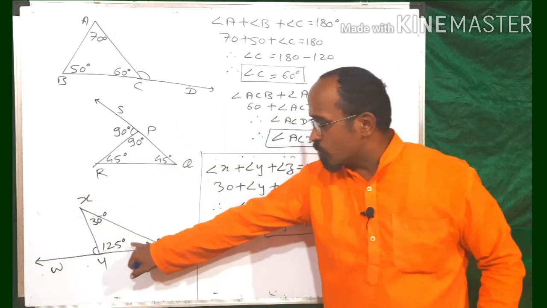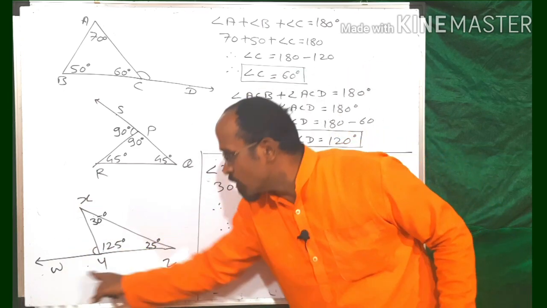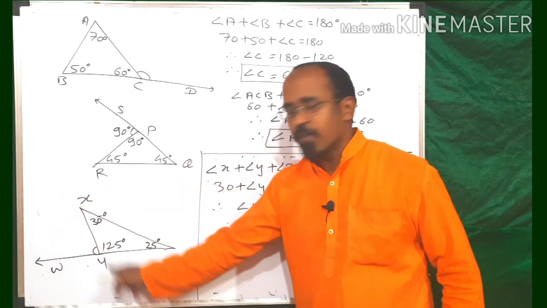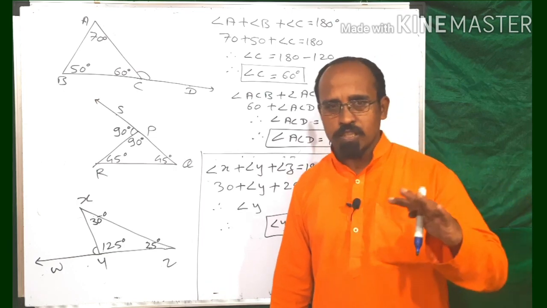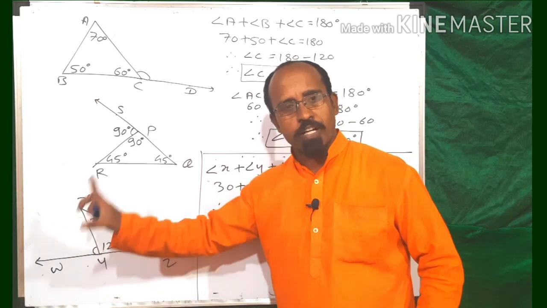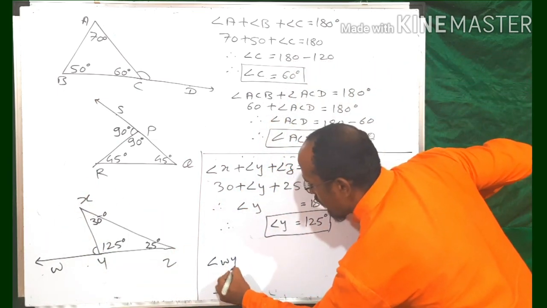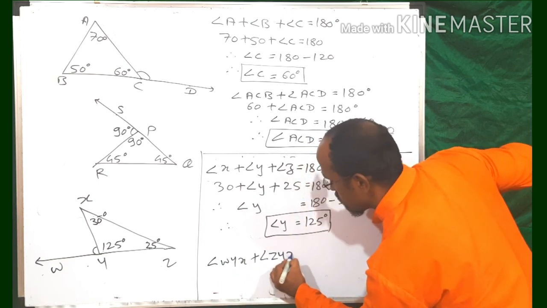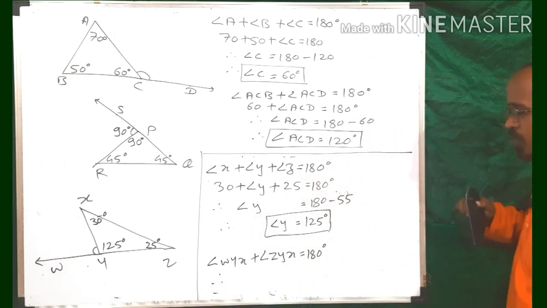So if this angle Y is equal to 125 degrees, what will be the measurement of angle WYX? See, WYX and ZYX, these two are angles in a linear pair, so they are supplementary. Their addition is 180. So angle WYX plus angle ZYX is equal to 180 degrees, and angle WYX we don't know.